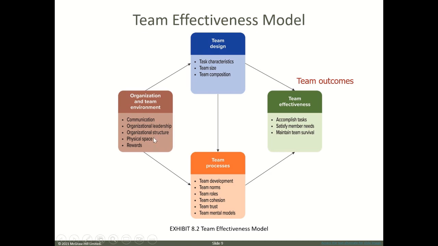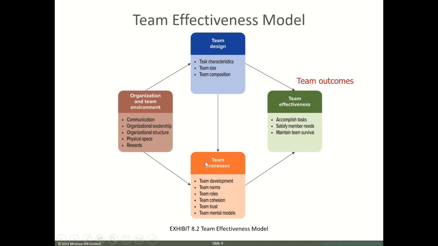Then organizational structure assigns a discrete cluster of work activity to teams. Physical space, the physical layout makes a difference as well in the team, right? A reward system, at least partly rewarded for the team performance, should be there in the organization.